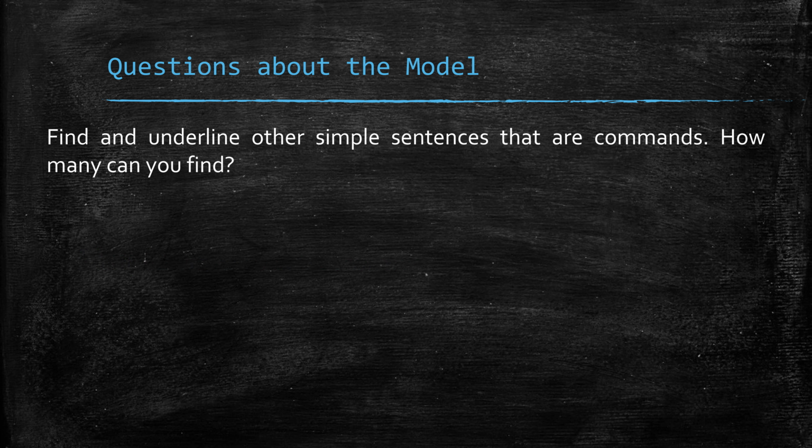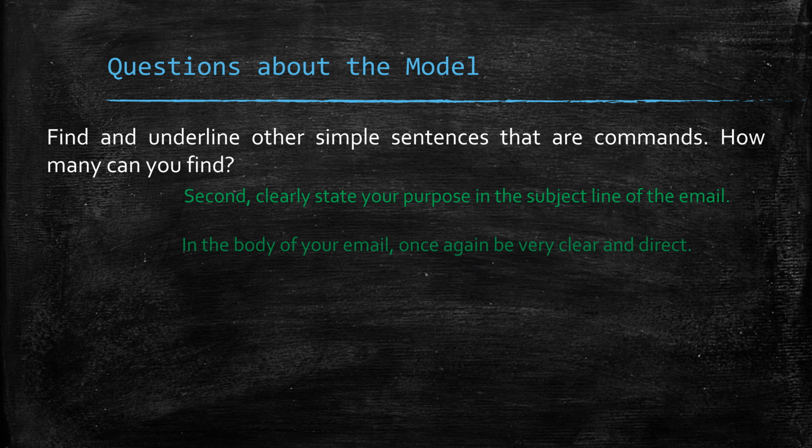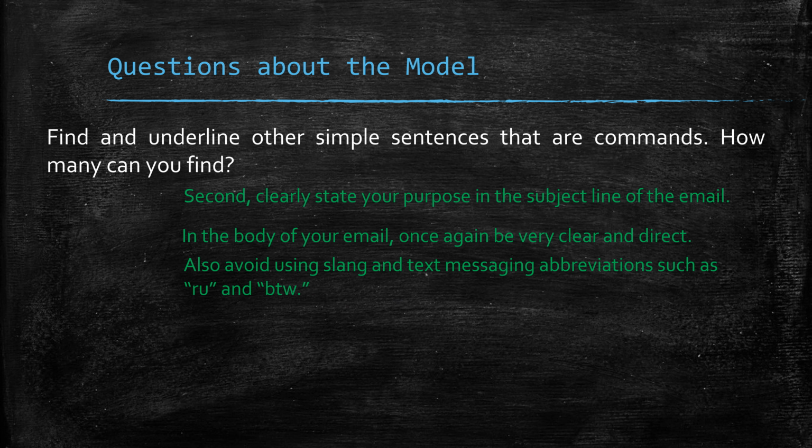Next question. Find and underline other simple sentences that are commands. How many can you find? Well, I will give you examples. Second, clearly state your purpose in the subject line of the email. In the body of your email, once again, be very clear and direct.